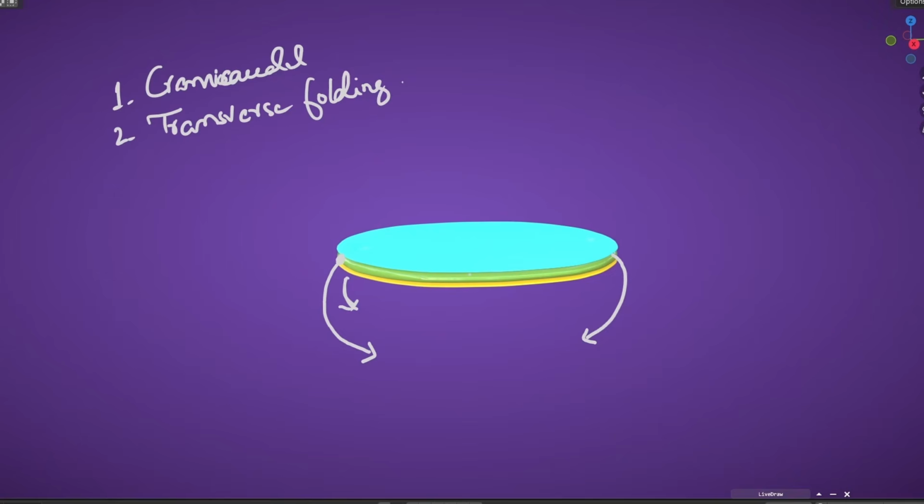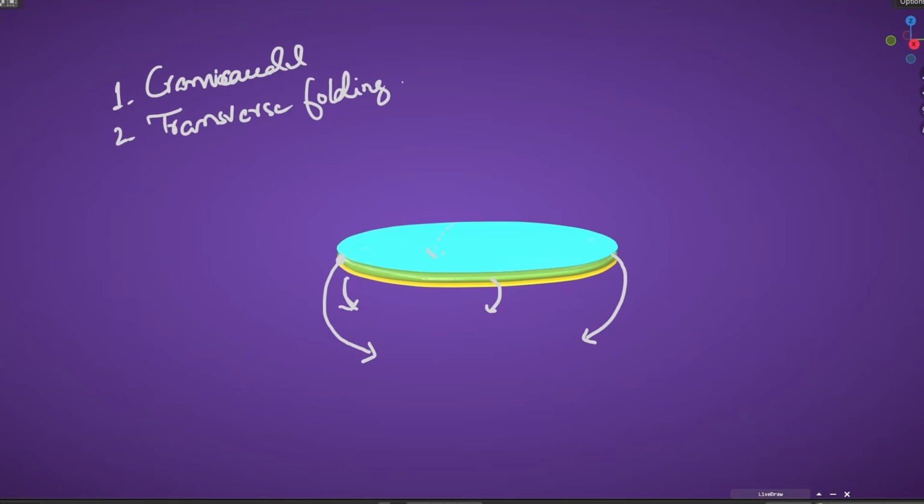So in transverse or lateral folding, these lateral margins of the embryo, here one side is being shown and of course the other side as well, will move ventrally, similar to craniocaudal folding. They will move ventrally and then they will meet in the midline. So that's how this folding occurs, and I will show you the animation to make these things very clear in your mind.